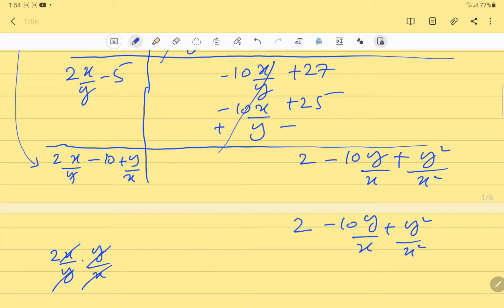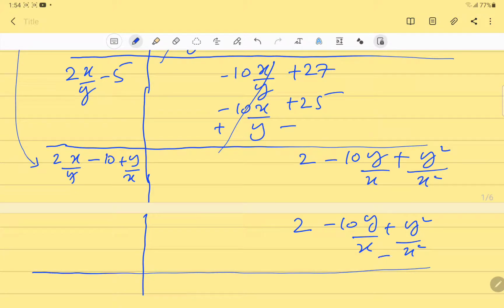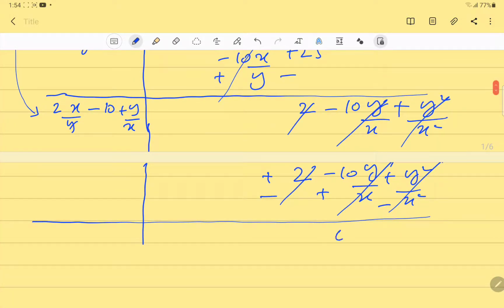So when we subtract it, signs will reverse. This 2 cancels with this 2, this cancels with this one, this cancels with this one. So we are left with 0.